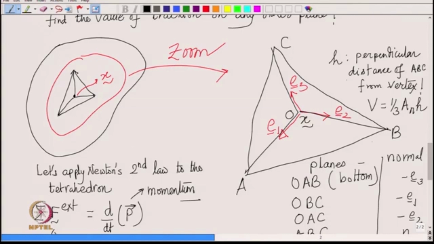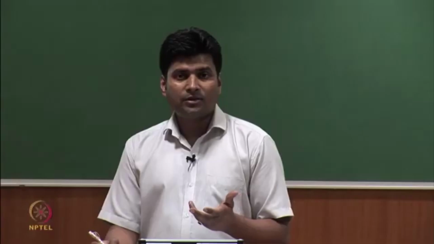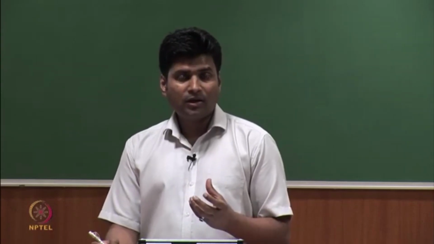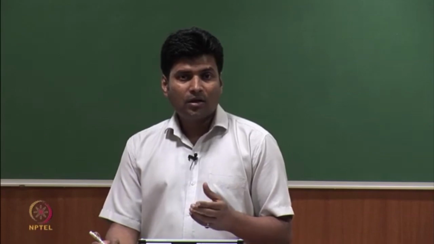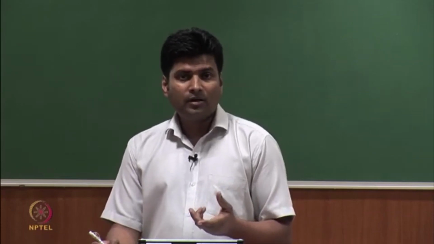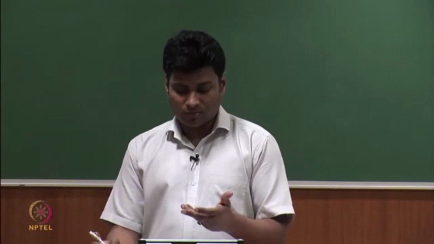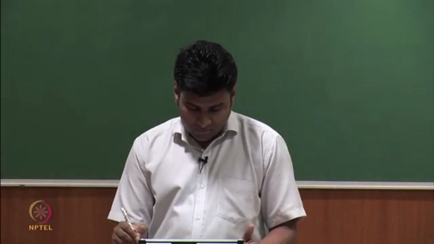You can also relate the areas A 1, A 2, A 3 in terms of A n. See, if you project the area A n, the tilted area, along the direction E 1, that area is nothing but OBC, which is A 1. So, A 1 is the projection of A n along E 1. Similarly, A 2 is the projection of A n along E 2. So, I am going to write them here.